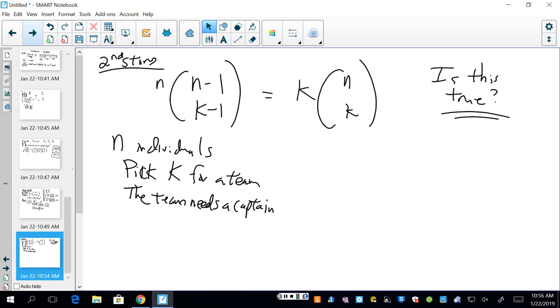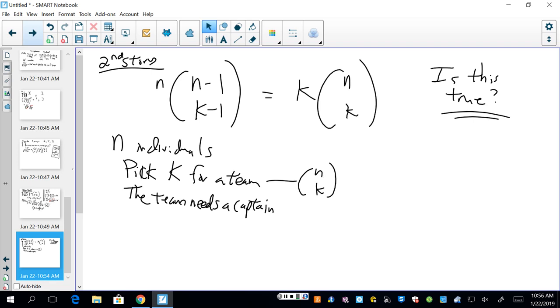Does one of these formulas count this or make sense as counting to you? As I've phrased it, I think it's a little more consistent with the right-hand side. How many ways are there picking k people for a particular team? n choose k.